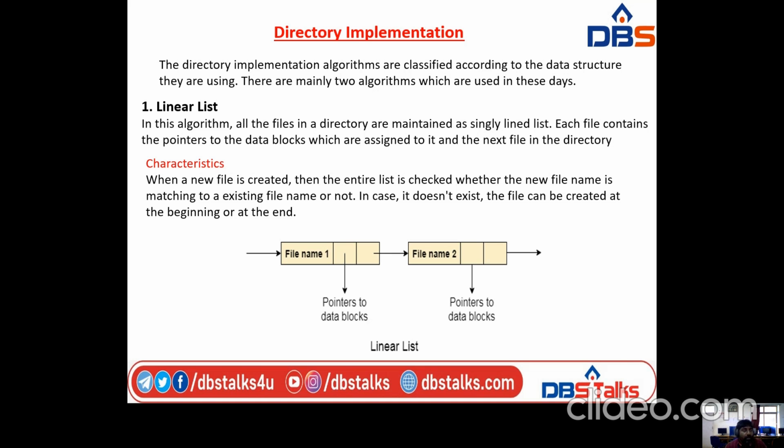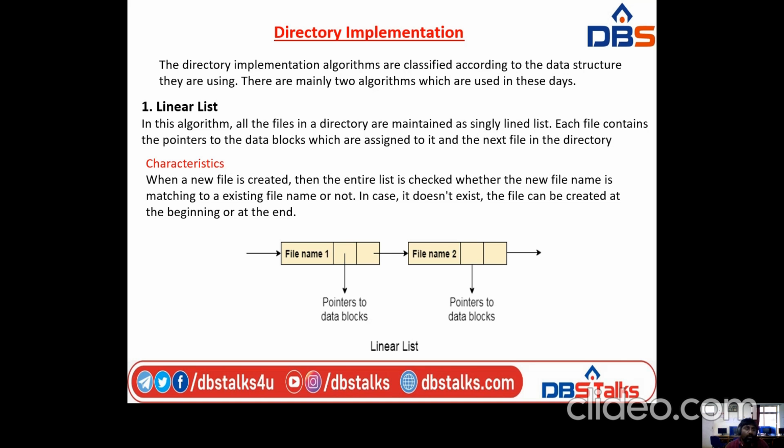Only if it is not there are we going to create that file name. The file can be created at the beginning or end, but whatever file we create, that file name should not already be in the directory.